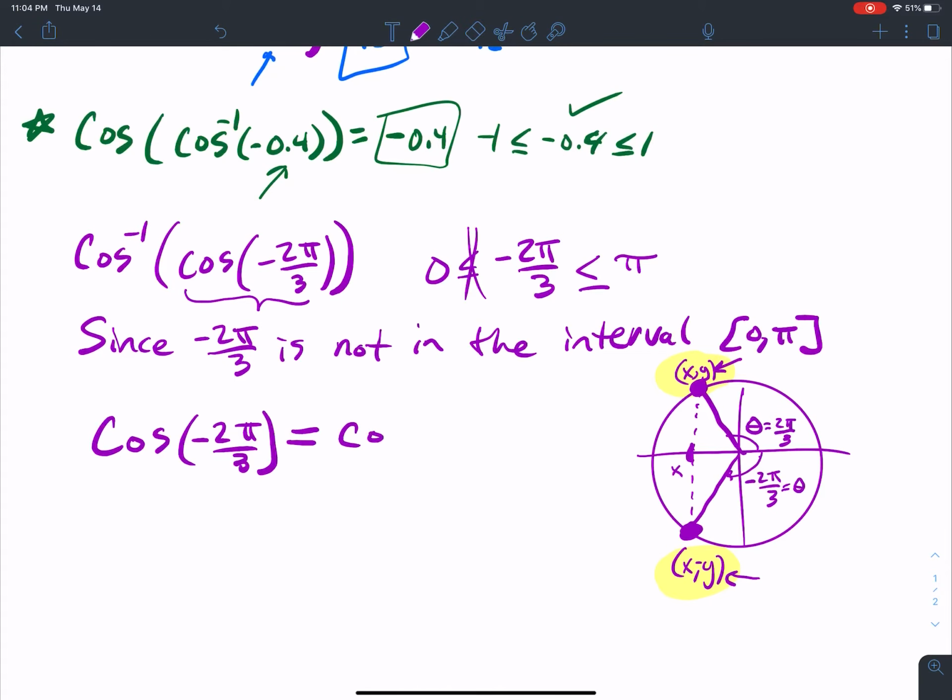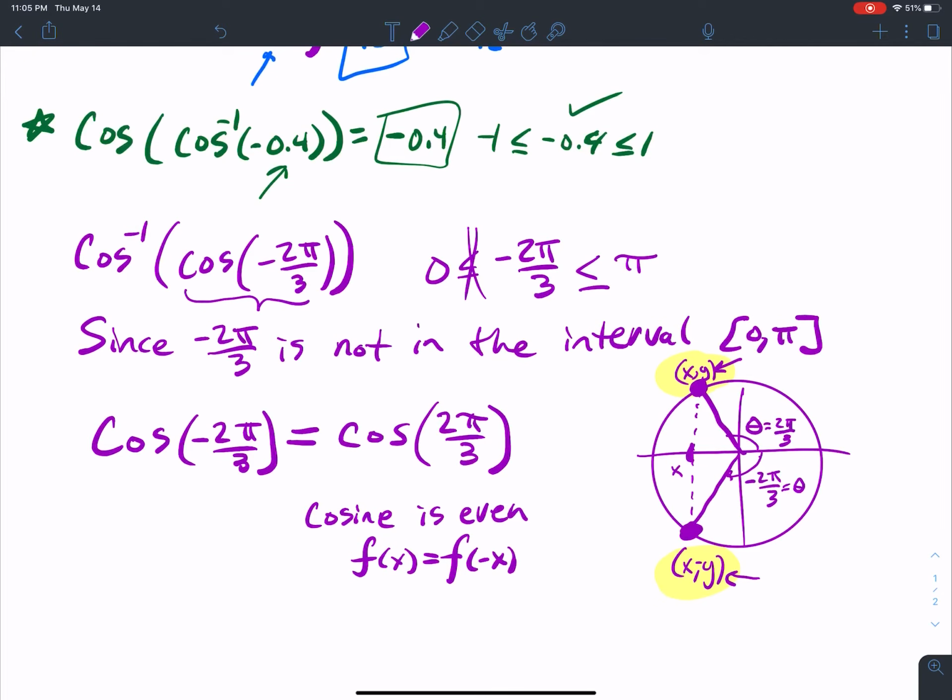That tells me that the cosine of negative 2 pi over 3 is equal to the cosine of 2 pi over 3. How else do we know this? We know this because cosine is an even function, and for even functions, f of x equals f of negative x. So that means cosine of x equals cosine of negative x.